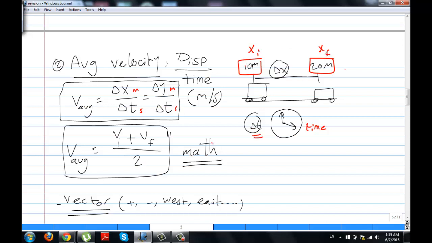So delta x divided by delta t would give you the V average, which in this case is 20 minus 10, which is 10, divided by the time, let's say 2 seconds, so it is 5 meters per second to the east.